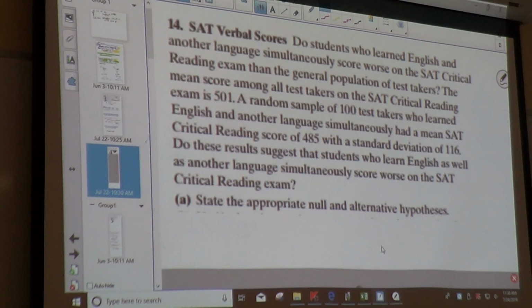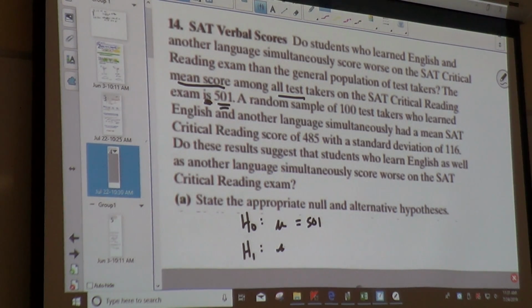So, first thing they want us to do is give the null and the alternative hypothesis. What is my null going to be? The average of all test takers is 501. Now I've got to figure out what the other is.